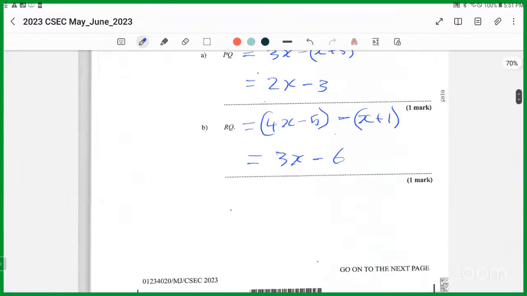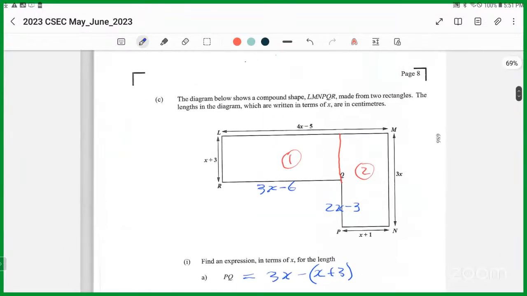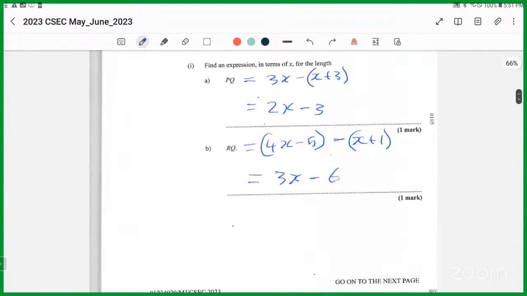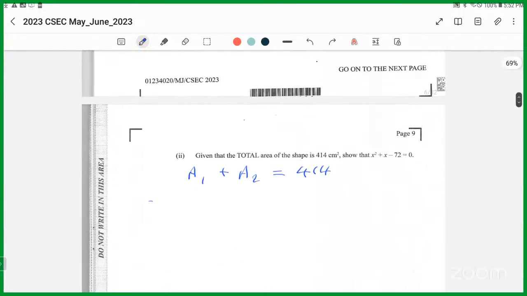Area 1 is the product of these two in this rectangle: x plus 3 times 3x minus 6. That's area 1.